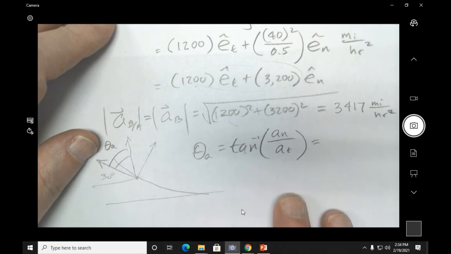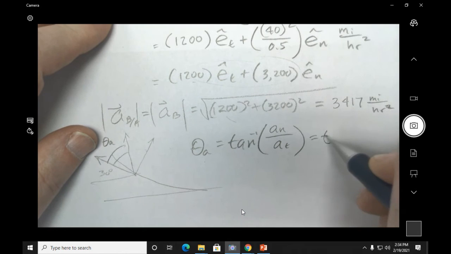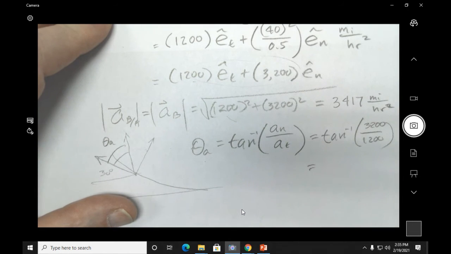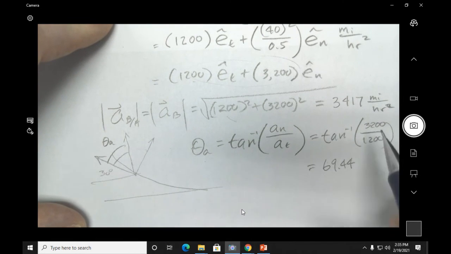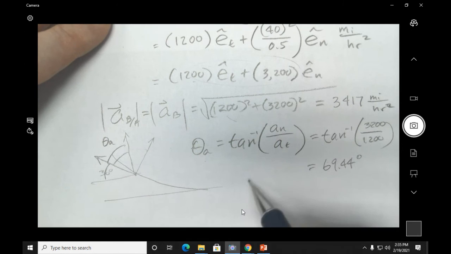And I'm just telling you about this situation, that we are able to do that if we take the inverse tangent of 3200 over 1200. We get 69.44 as part of this. And what we do now is add that to the 30 that we already know.